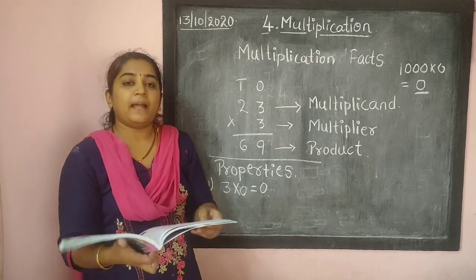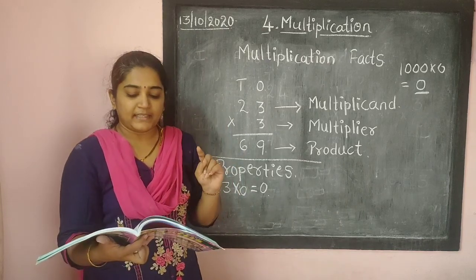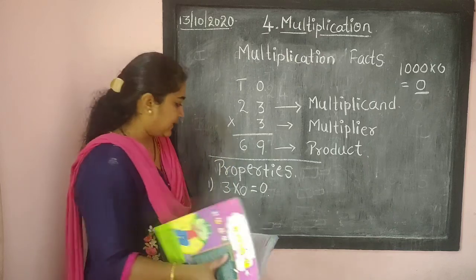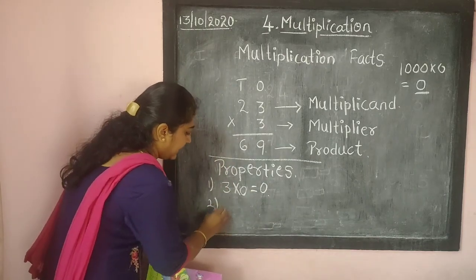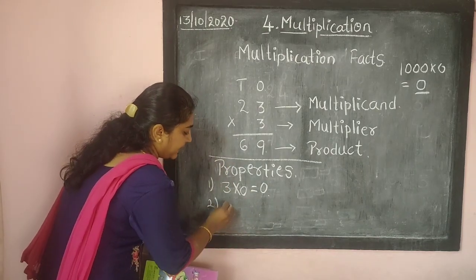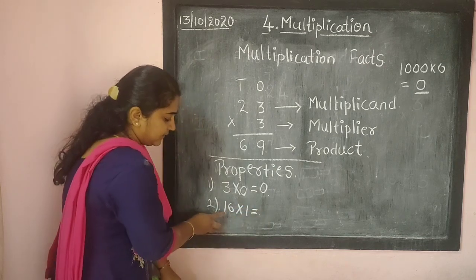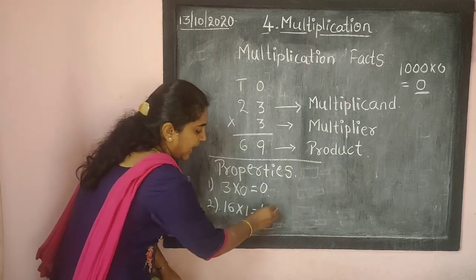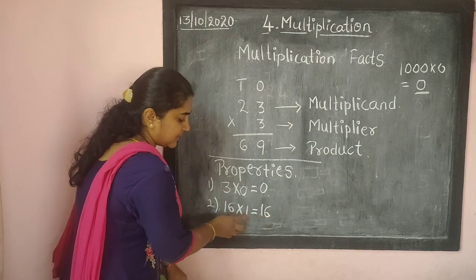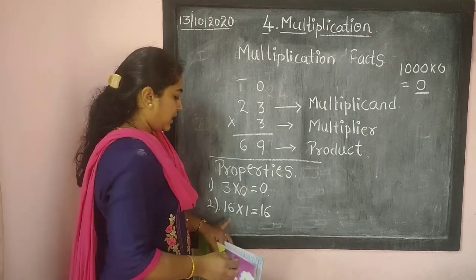Any number multiplied by 1, we'll get the number itself as the answer. For example, if I multiply 16 into 1, the answer is 16 only, 16 on the 16.